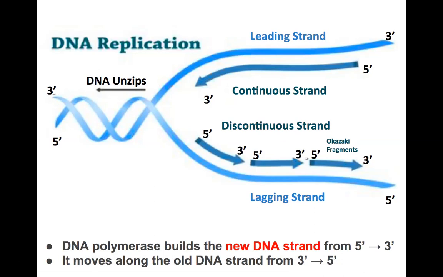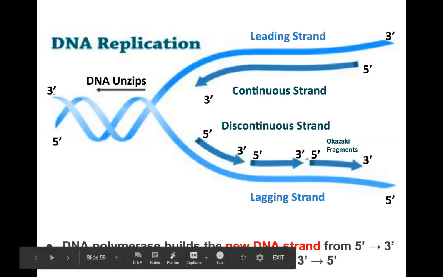Now, having said that, on the top strand the DNA polymerase is always moving from 5' to 3'. It can keep copying as long as the DNA unwinds itself. So as you open up the two sides of the DNA, the copying can be continuous, moving one section at a time without stopping, which is why this side is not going to form what we call Okazaki fragments.